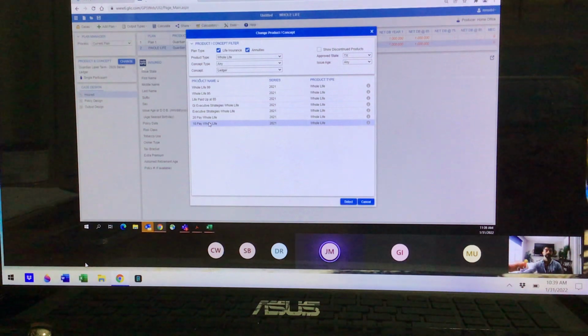Another nice use scenario for 10 pay would be somebody with a very stressful job that has a low time horizon for which they can actually handle it.